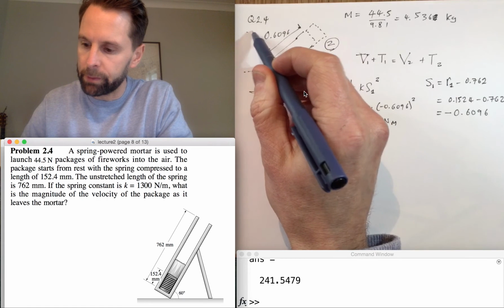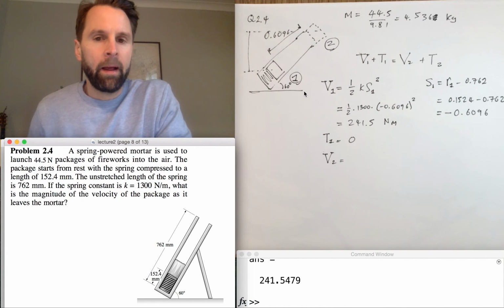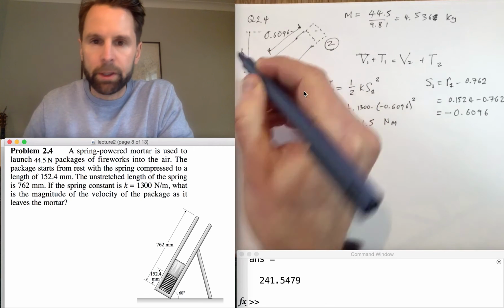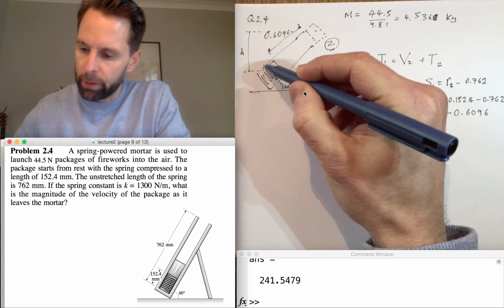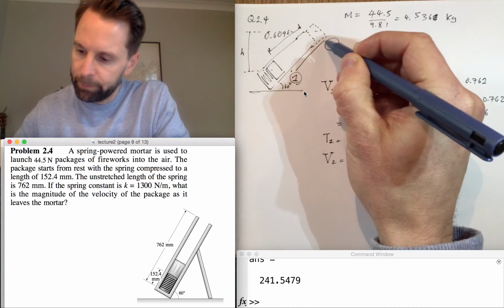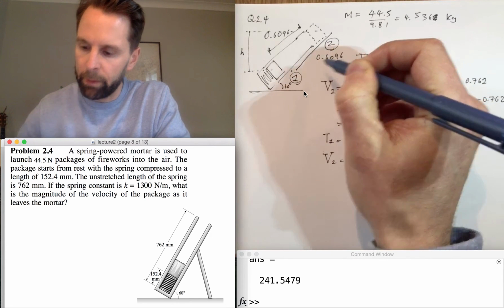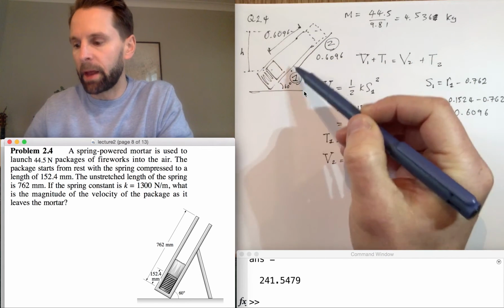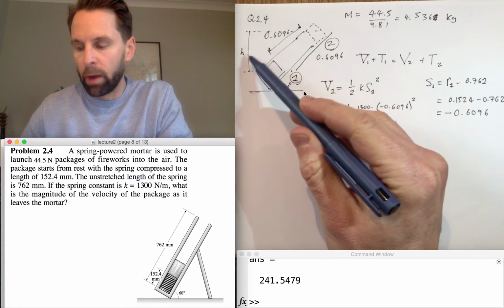It was down here and now it's moved up here. So that H is what we want to determine. I haven't drawn this particularly well, but we know this length here is 0.6096, because that's the length it's travelled along the barrel.